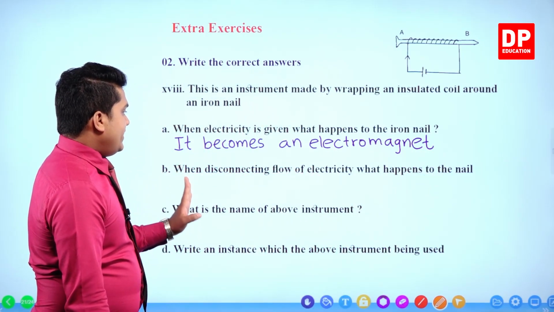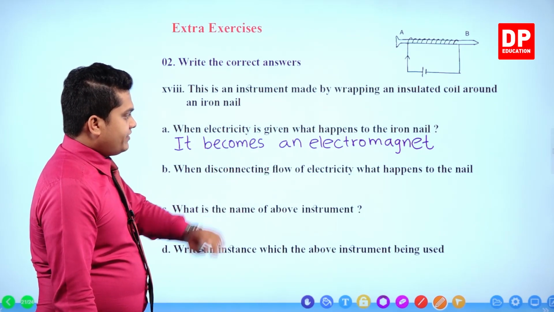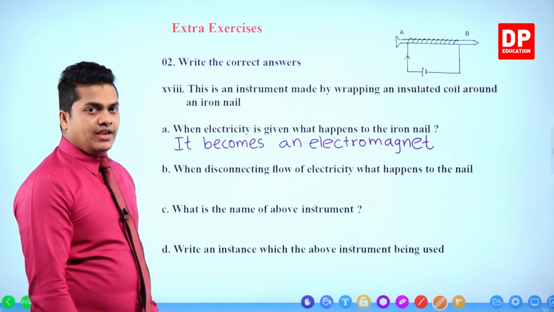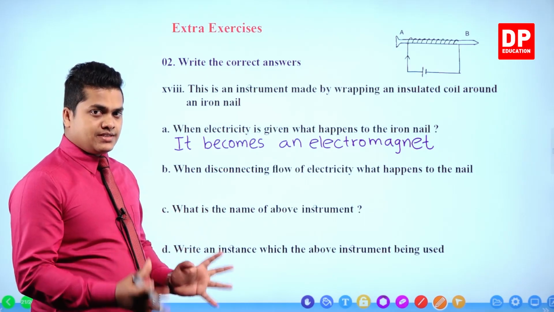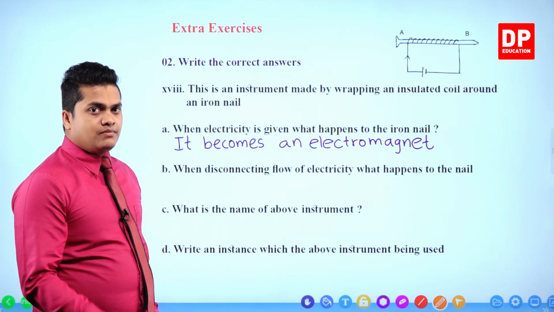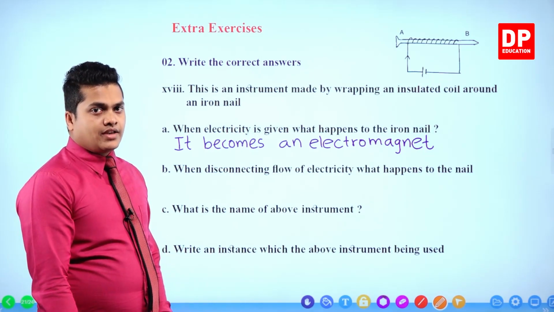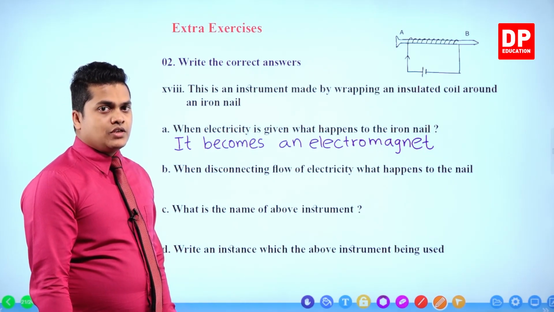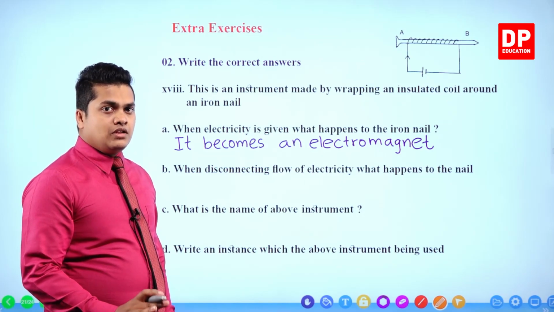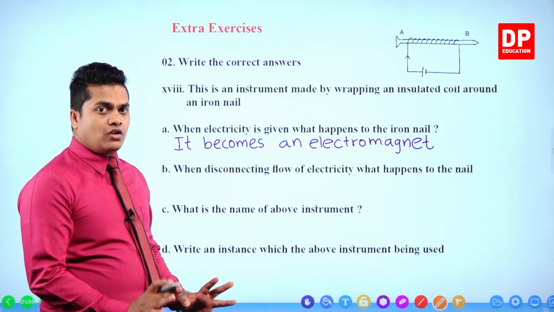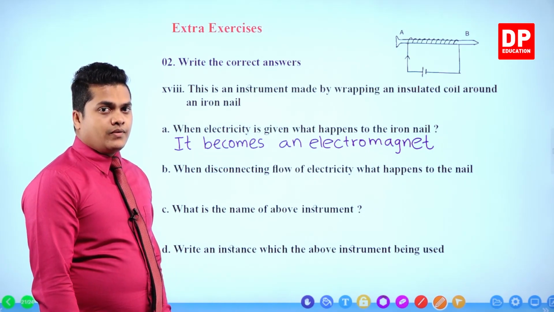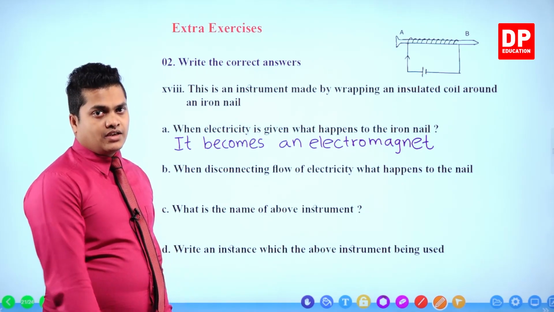Next one. When disconnecting the flow of electricity, what happens to the nail? When electricity is disconnected, magnetism also disconnects. So we can't observe the magnetic power, right? The magnetic power will be lost.